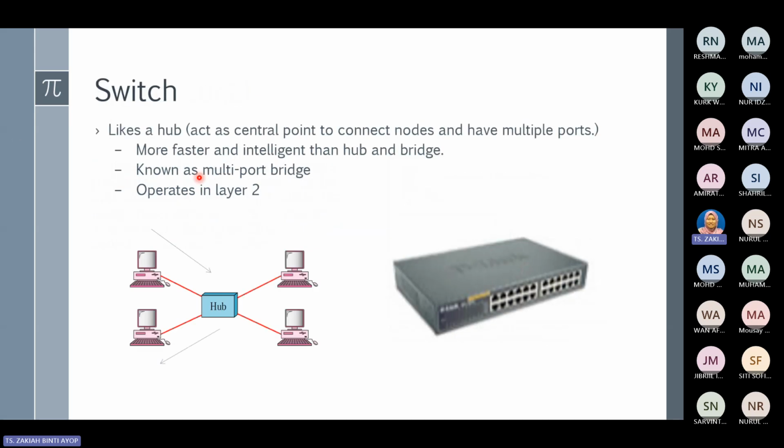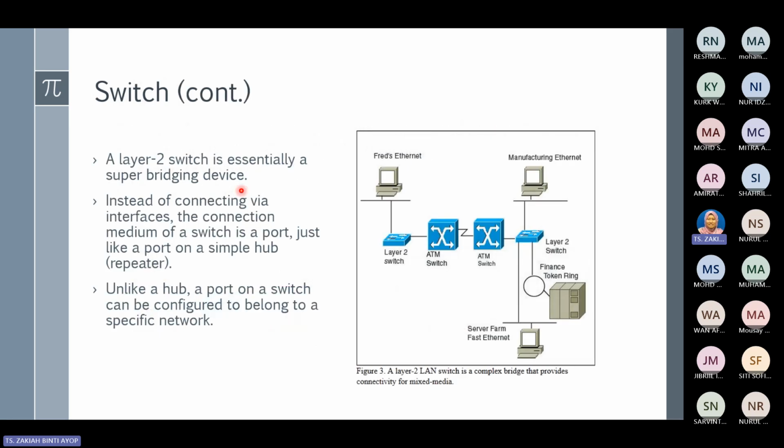Now, a switch operates in layer 2, which means it forwards the packet based on MAC address. A layer 2 switch is essentially a super bridging device.